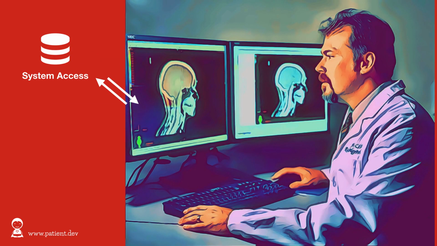So an example of system level access would be a radiologist who is reading x-rays and MRIs and CTs, and they may have something called the PACS system, which displays the images, but that PACS system may not have clinical documents or labs that it's able to access.